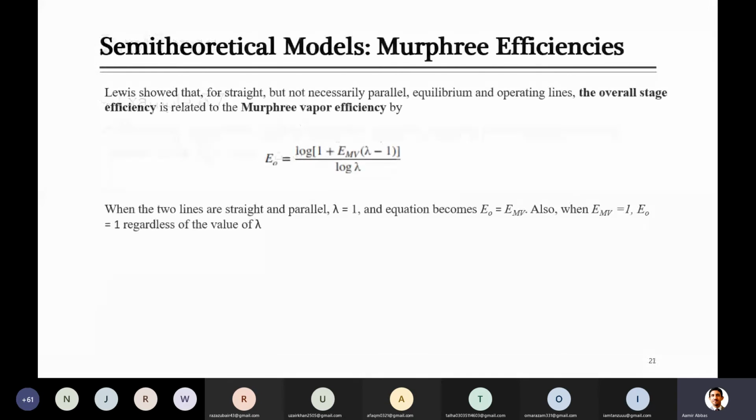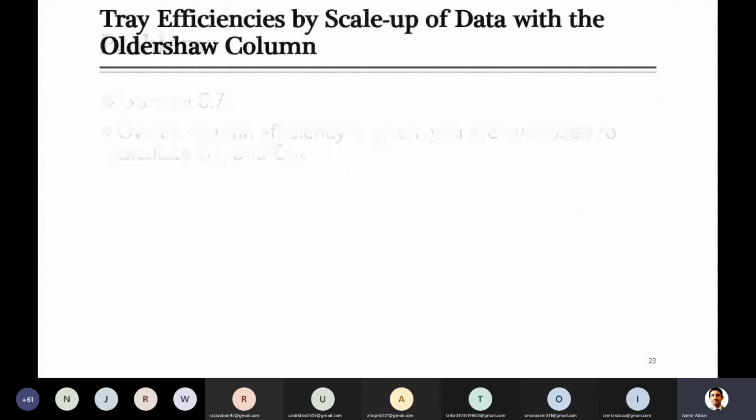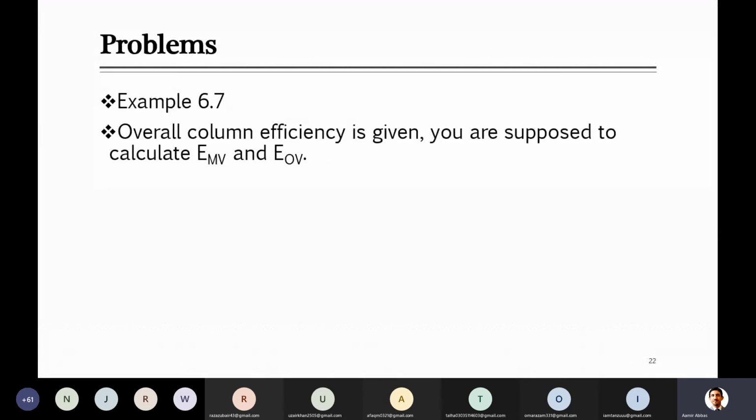So that's it. This was the method which is called the semi-theoretical method, and which is majorly based on Murphree efficiency. And related to this, there is one small example or question in your text just after this topic. Here he asks us to calculate the overall column efficiency, and overall column efficiency is given, and you are supposed to find the efficiency of one tray, EMV.